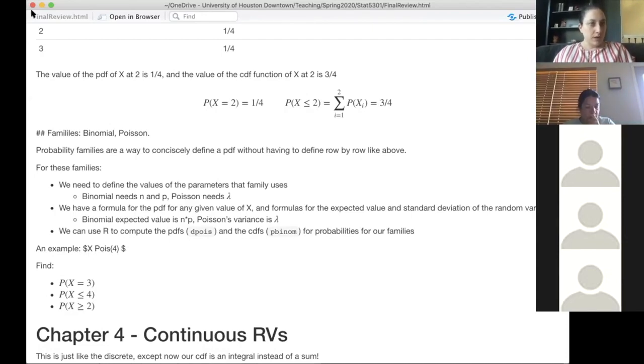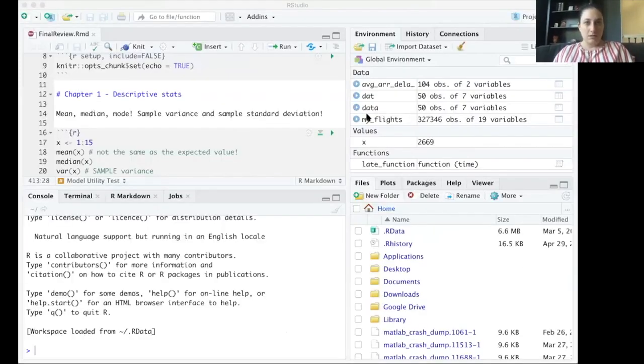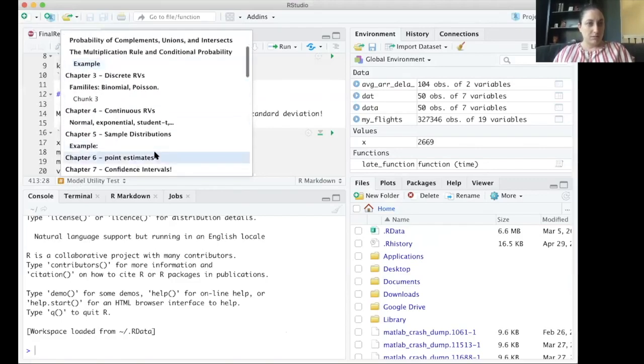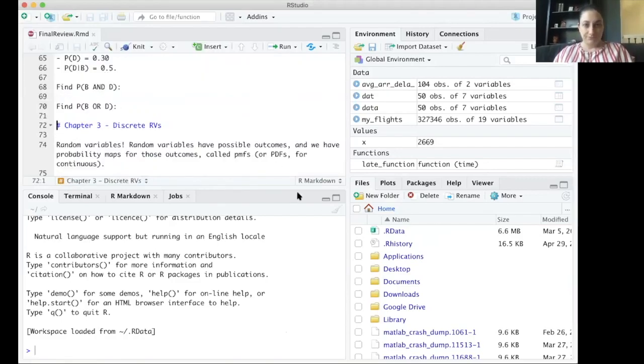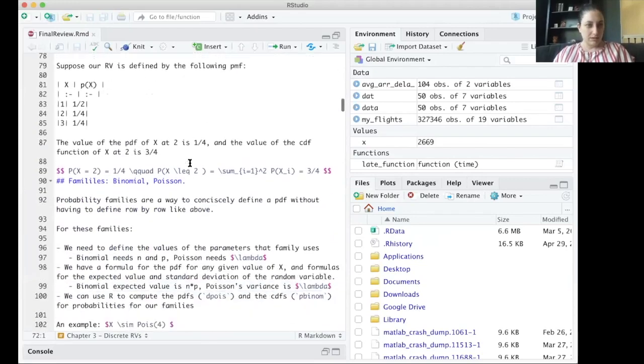So that didn't work, which is annoying, but let me go ahead and switch to R, and then jump down to chapter 3. All right.